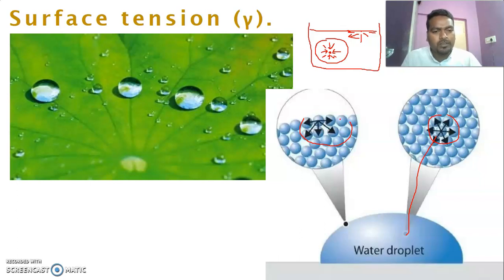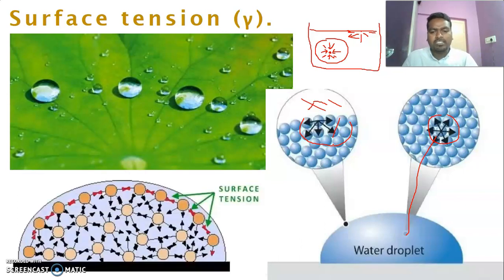Only a downward force of attraction exists in the case of a surface molecule, because there are no molecules above to interact with. This is the last layer of molecules, and due to the attraction of the second and third layer molecules, there is a downward pull. This downward, inward pull is responsible for the spherical shape.